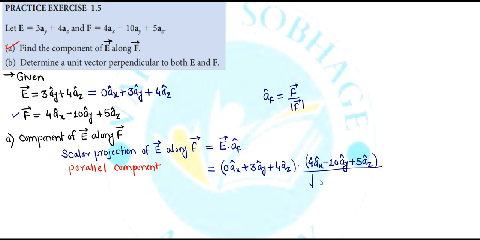So what will be its magnitude? That will be the square root of 4 squared, then minus 10 squared, plus 5 squared. So this is the magnitude of your vector F. Okay, now simplify that.